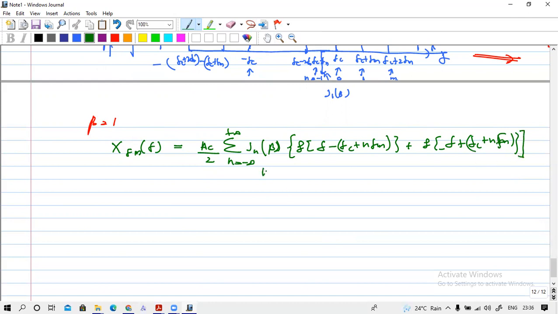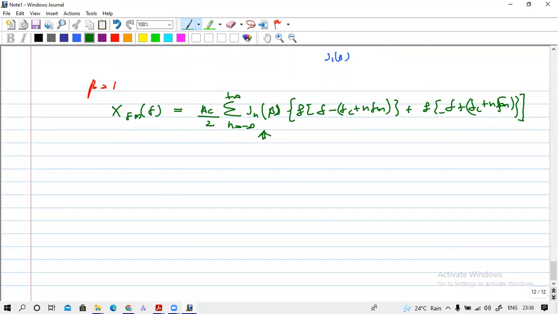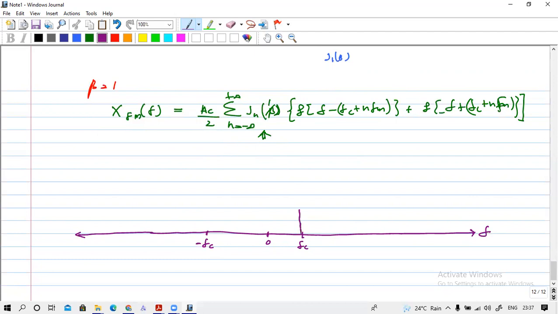So this is my frequency domain signal. So I select that beta is 1. If I draw my frequency spectrum, let's draw it for a few n values. So we have 0 here. So if n is equal to 0, we have here fc, and here also we have minus fc, and we have 1.